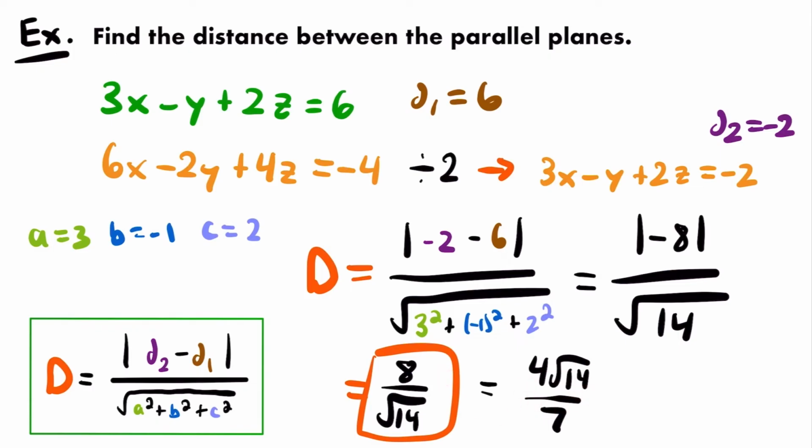In either case, the approximate value of the distance here will be 2.138 and some more decimals. Okay, so that will be the distance between these two parallel planes. And so that's it for this example. That is how you find the distance between two parallel planes. And so now let's look at how to find our next type of distance.